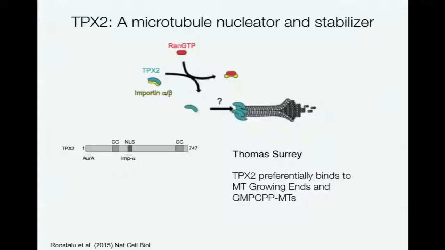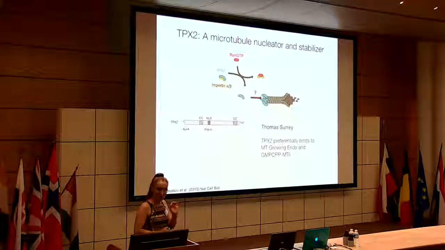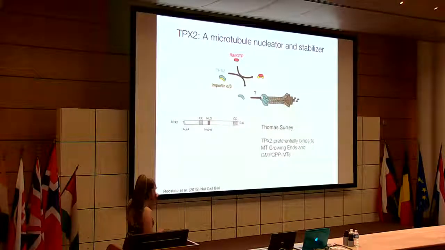Now, Tom Surrey has done a lot of very nice reconstitution studies, and he has found that TPX2 binds preferentially to microtubule growing ends and prefers GMP-CPP microtubules. So this is another protein that is somehow detecting the nucleotide state of tubulin inside the microtubule.